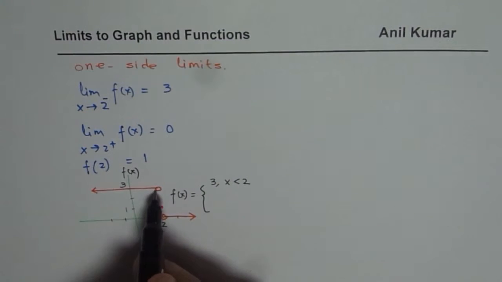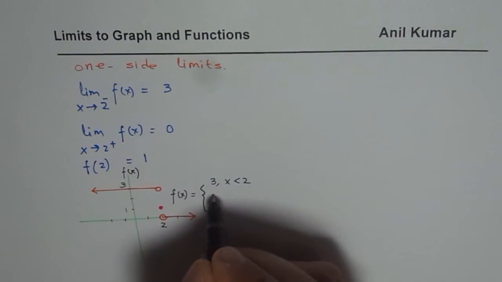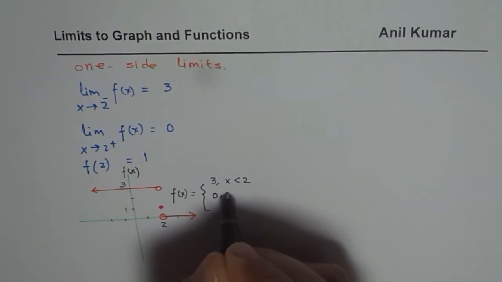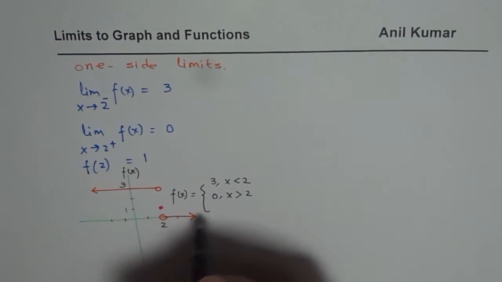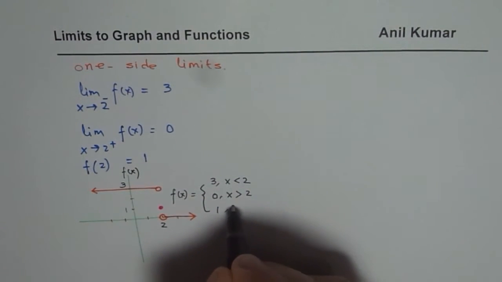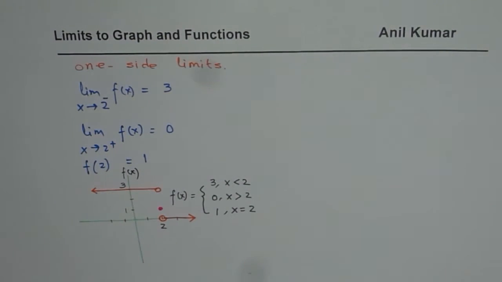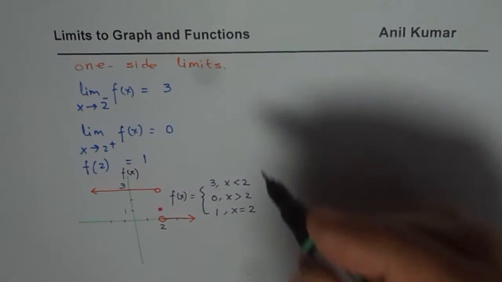And then it is equal to 0 when x is greater than 2. So that is this part, right? And it is equal to 1 when x is equal to 2. So that is how you can easily define your function, right?